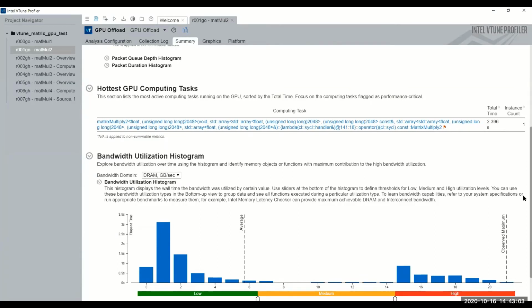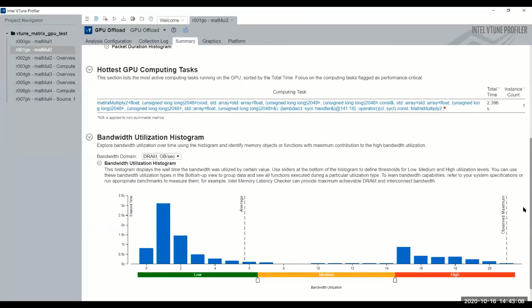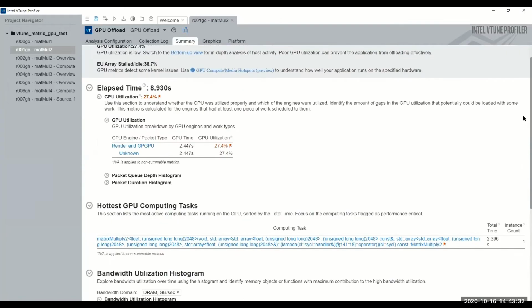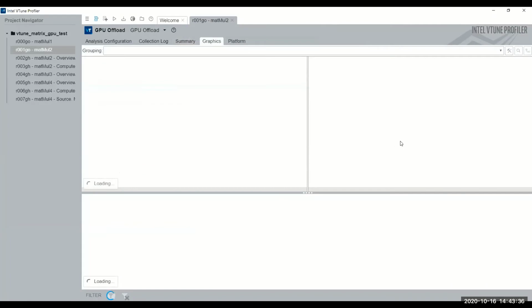Since it's an iGPU, an embedded GPU inside the CPU, you might want to understand the memory access in terms of bandwidth, how busy it was fetching data from main memory, and you can analyze it using the histogram of memory access. But the main data can be found in the graphics tab.